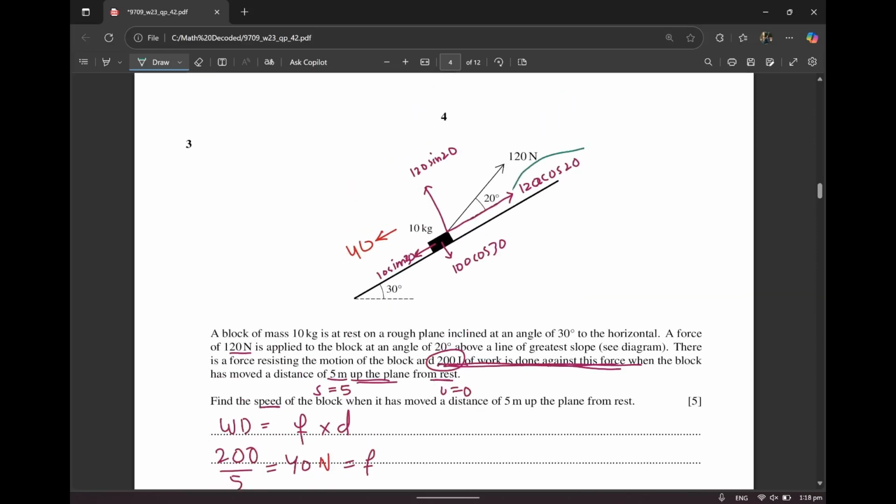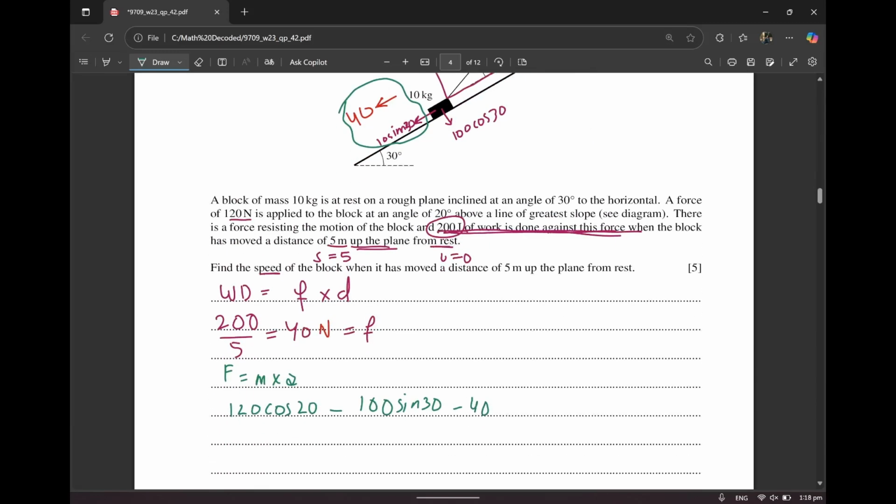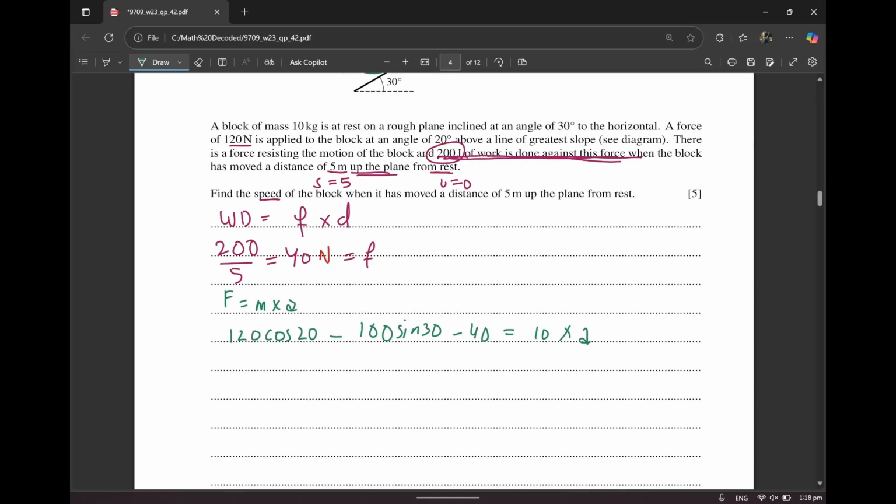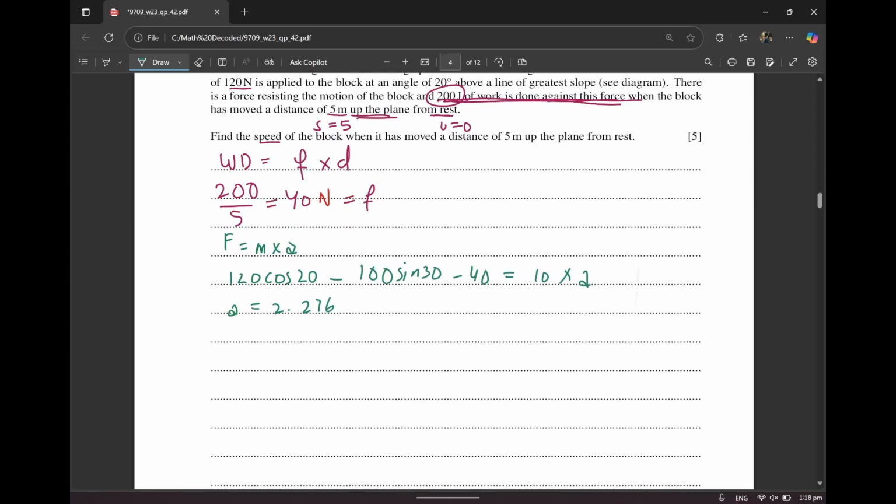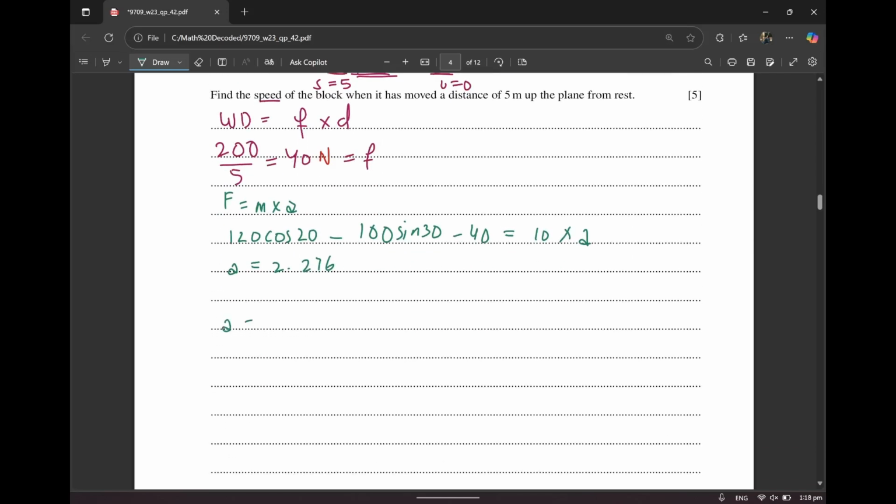I basically took this force and I subtracted these two forces from this. That's going to give me the resultant force. The mass is 10 and the acceleration is something that we are trying to find. This is going to give you the acceleration as 2.276.